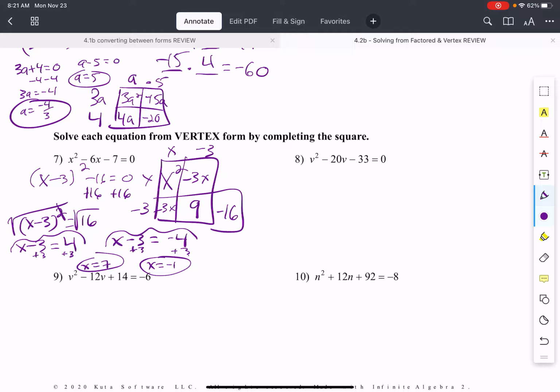Okay, let's do one more. I want to do number 10. Okay, what do I have to do to number 10 before I do anything else? Make it equal 0. Good. Plus 8. So n squared plus 12n plus 100 equals 0. Now I'm ready for my extra box.